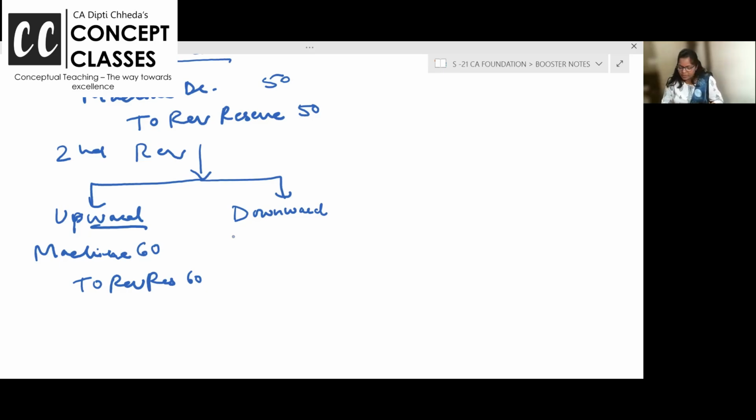Answer is yes, you can. So revaluation reserve debit 50, P&L account debit 10, to machinery 60. Revaluation reserve debit 50, P&L account debit 10, to machinery.